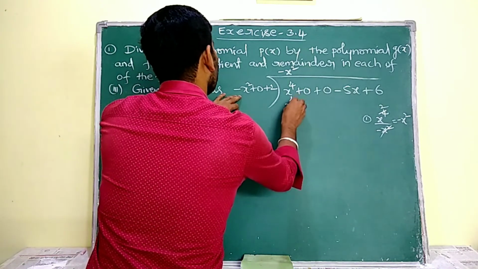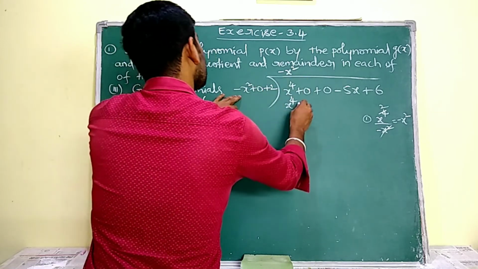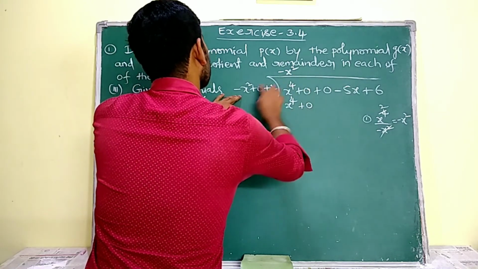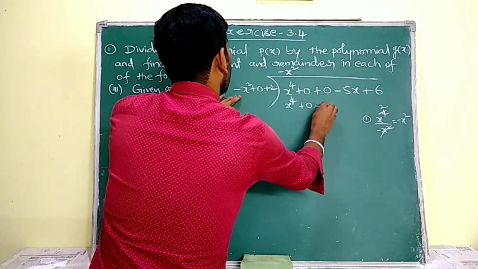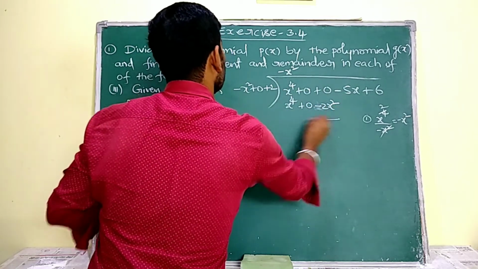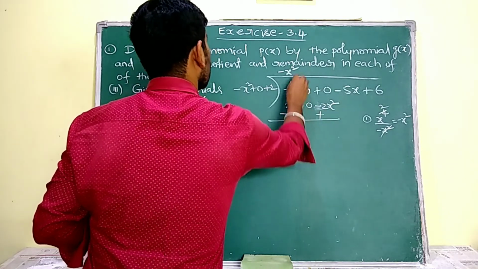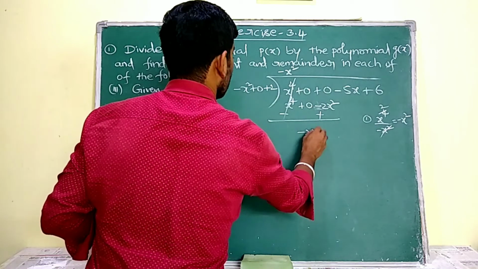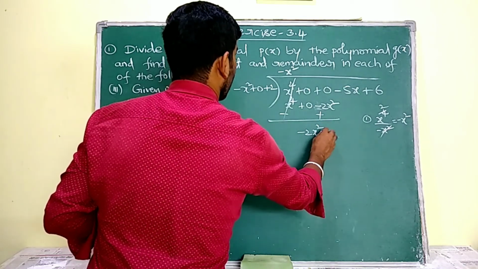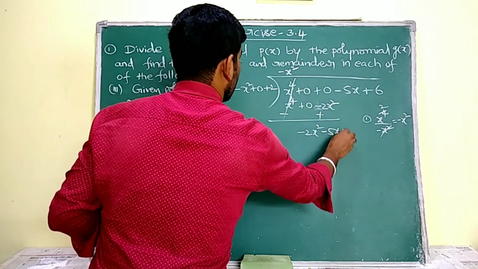That is x power of 4, because minus x square into minus x square. And minus x square into 0 is 0. Minus x square into 2 is minus 2x square. So I have to change the signs. So I am going to write minus 2x square. Now minus 5x plus 6.